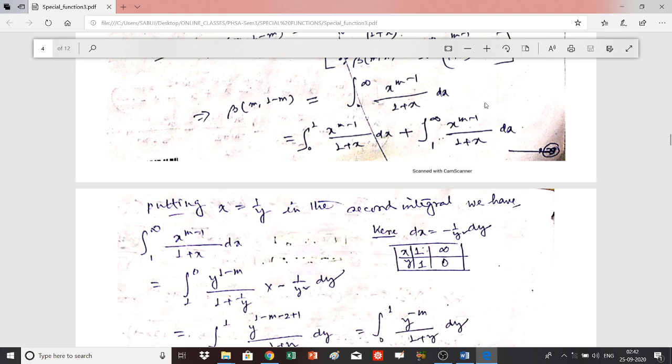Now just substitute x is equal to 1 by y in the second integral. Then if you do this, you can obtain from this equation that dx is equal to minus 1 by y squared dy. And here are the limits of integration.